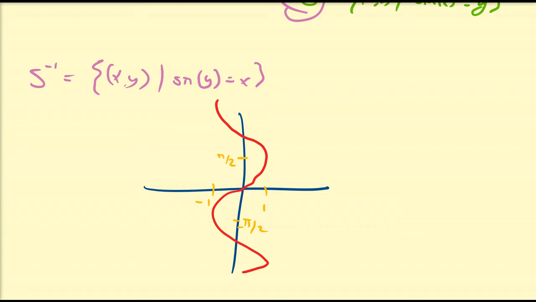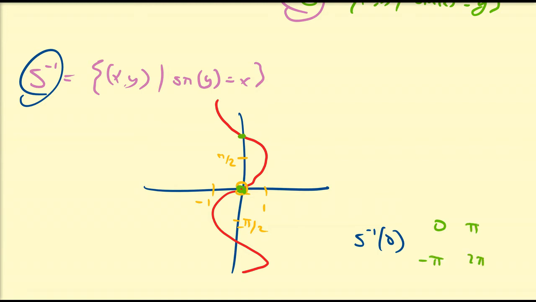Now, s inverse, the inverse image of s, is a multifunction, right? Because if I say, okay, what is s inverse of 0, where we're assuming the input of this relation is the x values, the domain of s inverse. So, of course, s inverse is going to have a few, actually infinitely many values. So it's going to go to 0. It's going to go to pi. It's going to go to minus pi.